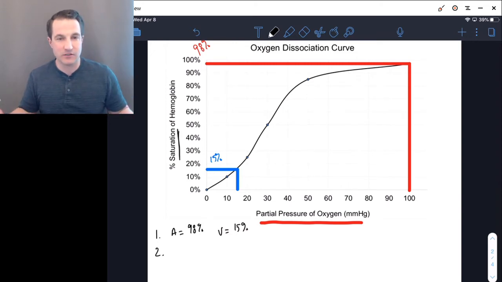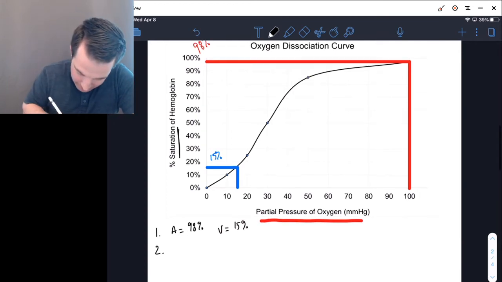If the most amount of oxygen we can carry is 10 milliliters, well, then we know we have 98 and 15% of that. Well, let's calculate how much we have.